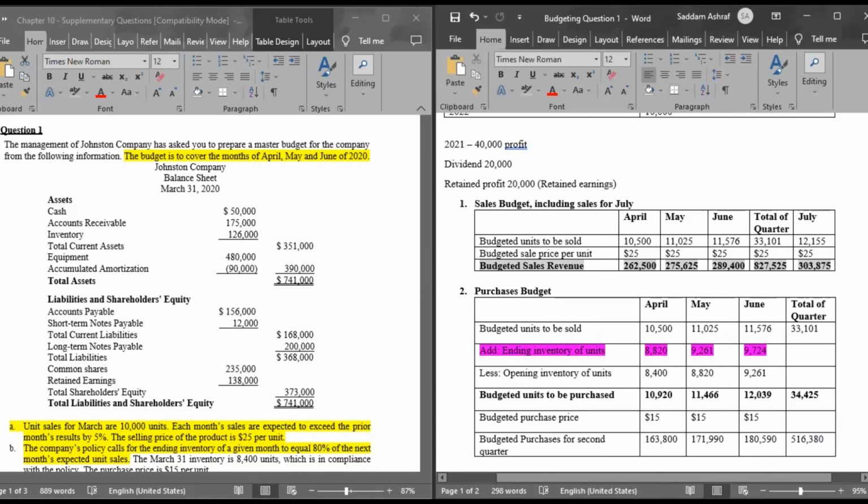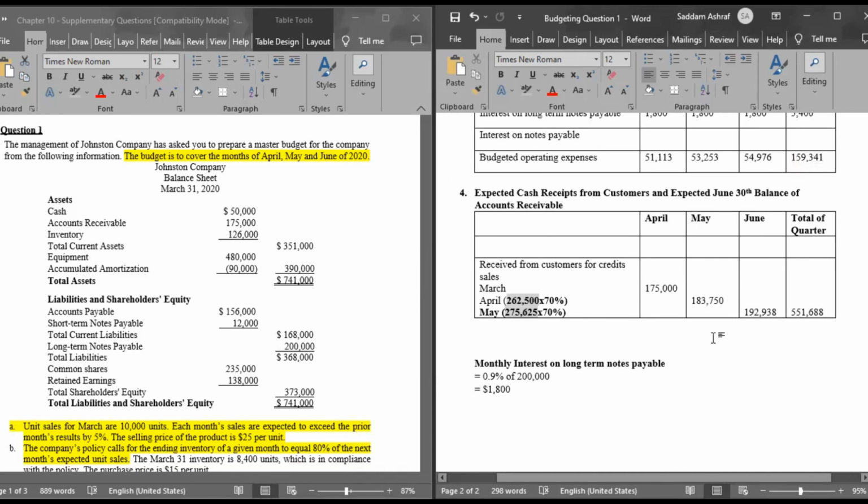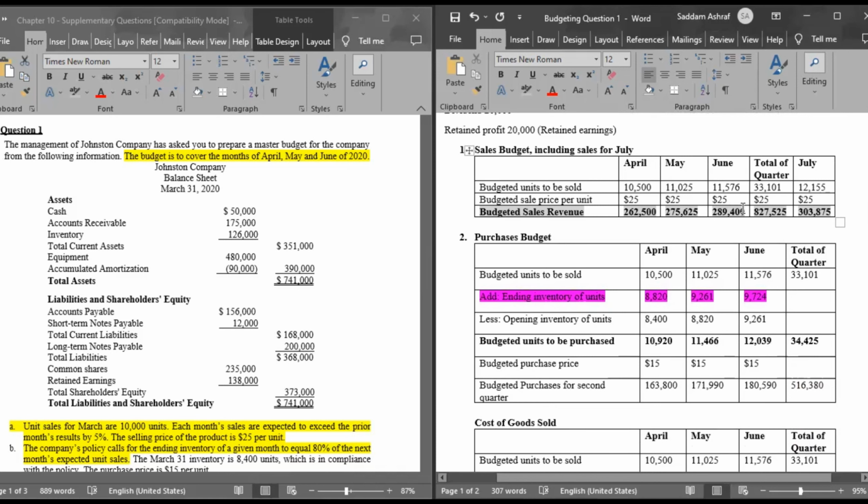The credit sales of June, which are 70% of total sales, will be received in July. We have not received them so far, but we will receive them in July. It means that this will be the amount of expected June 30th balance of accounts receivable. So how much will be the balance? We will take 70% of June sales. In June, we have 289400.